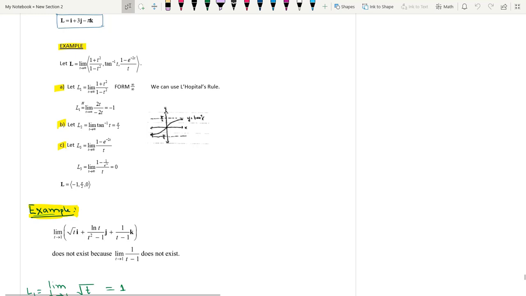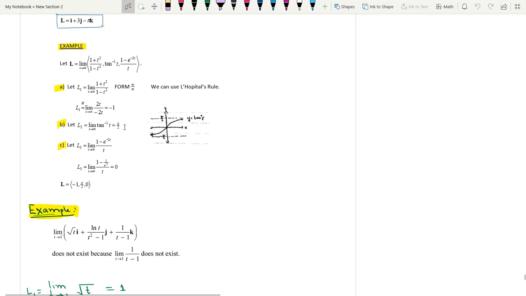So the limit of this vector function is i plus 3j minus pi k. Now in this example, for the limit of the first component, we use L'Hopital's rule because this is infinity over infinity form, and we got negative 1. And for the limit of the second component, when t approaches infinity, this one becomes tan inverse infinity, which is pi over 2.